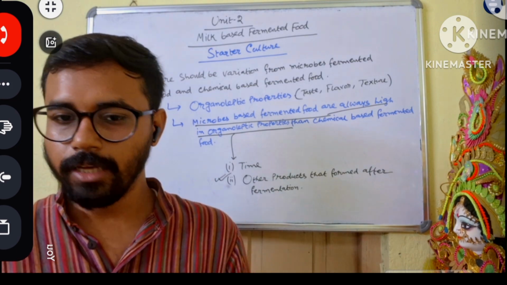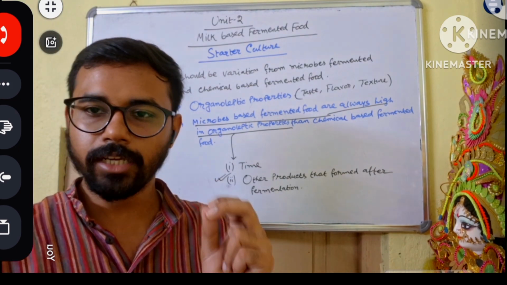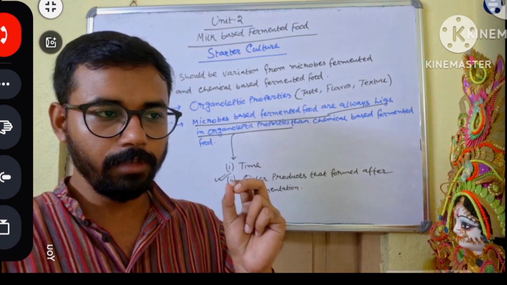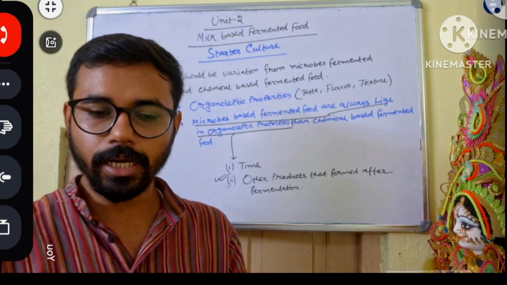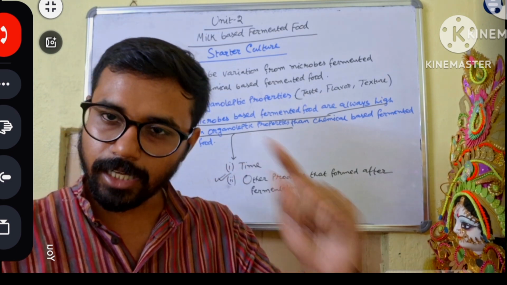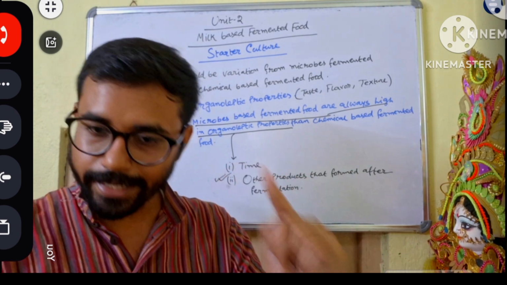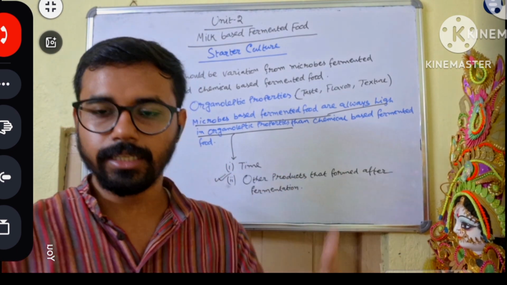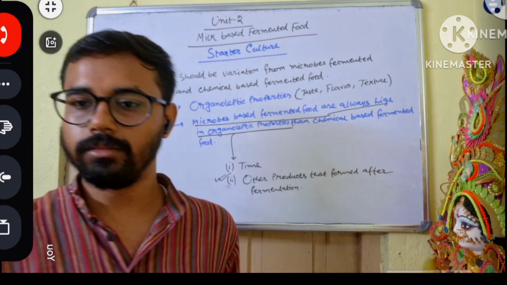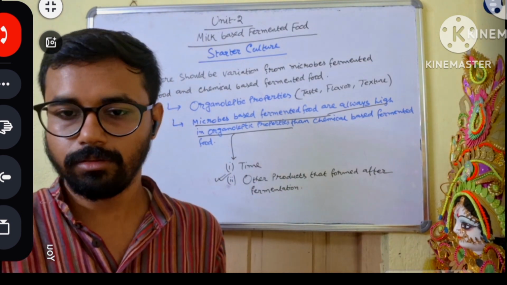One reason is time, and the second is that when microbes ferment a milk product or anything, the microbe-based fermented product contains the optimal amount of end product as well as other products, and that enriches the flavor and taste, which cannot be given by a single chemical reaction in a laboratory.